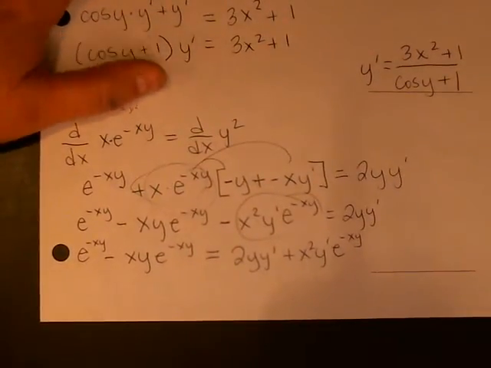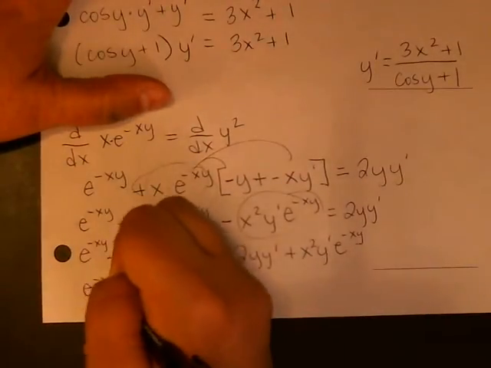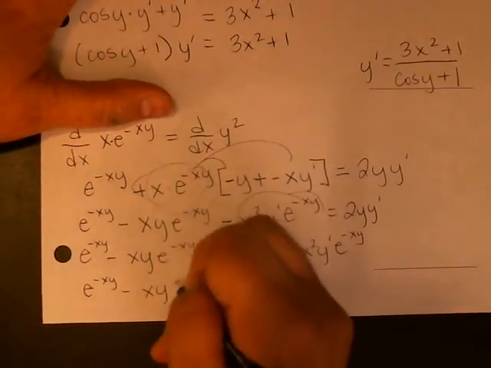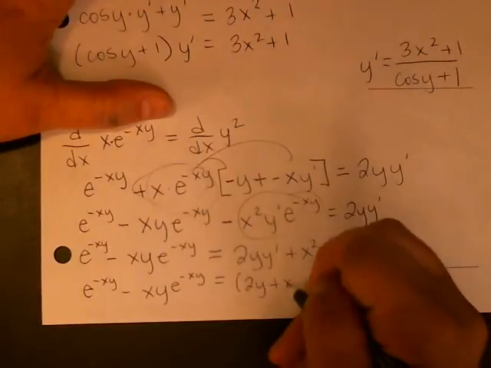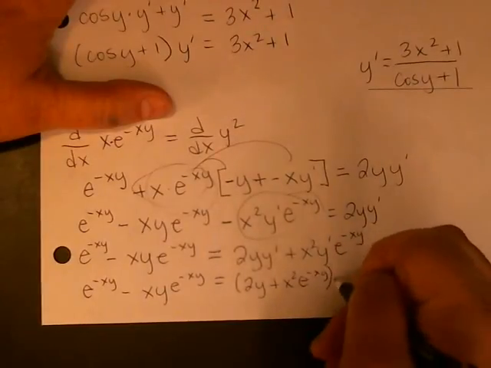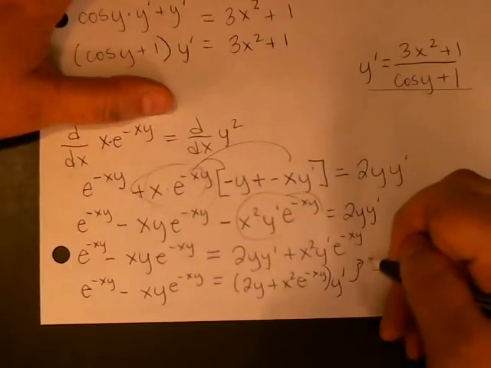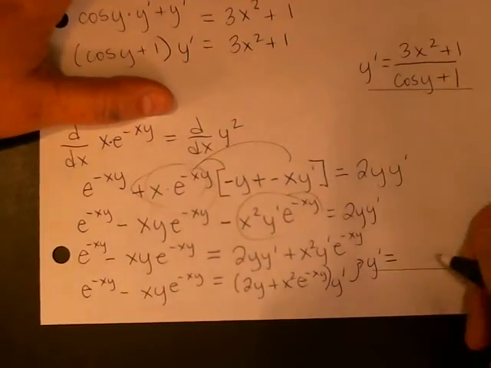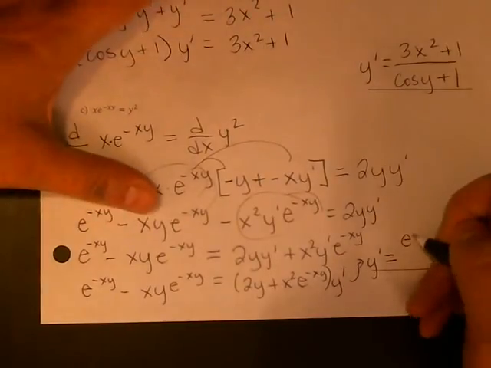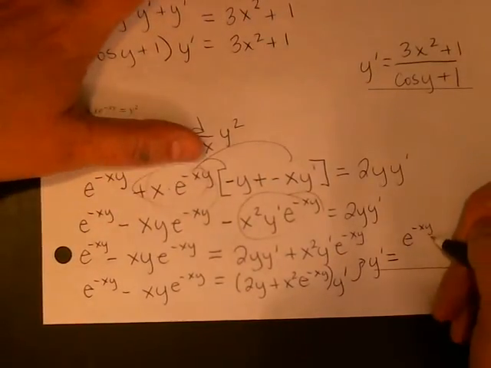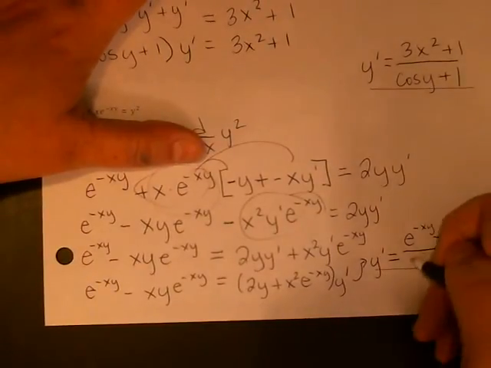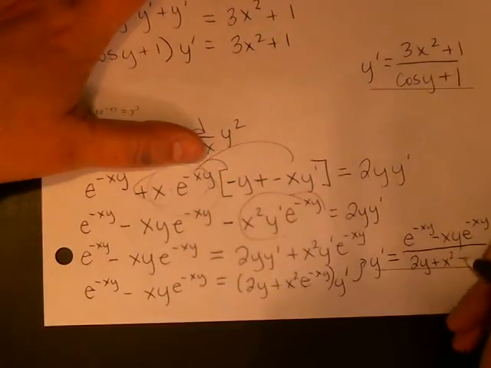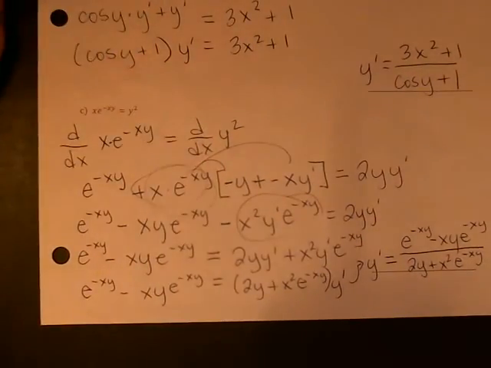And I factor out my y prime, so e to the negative xy minus xy e to the negative xy equals 2y plus x squared e to the negative xy times y prime, which means that y prime should equal e to the negative xy minus xy e to the negative xy over 2y plus x squared e to the negative xy.